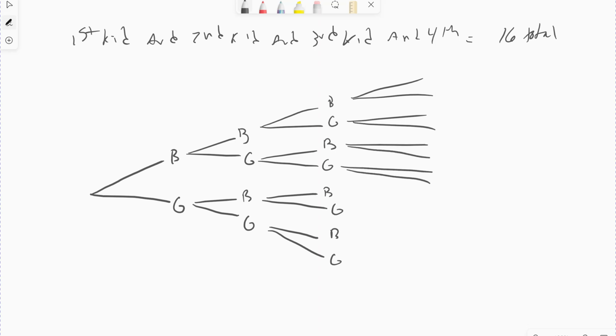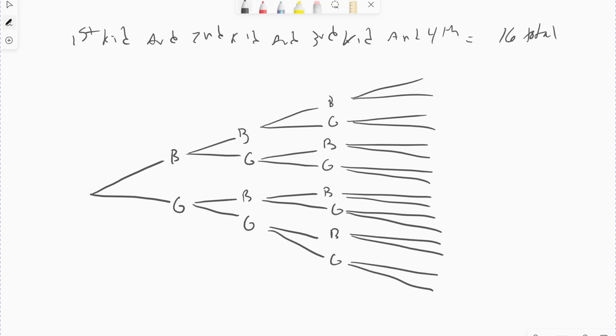I should give myself a little more room to start. Squeezing them in here at the bottom.